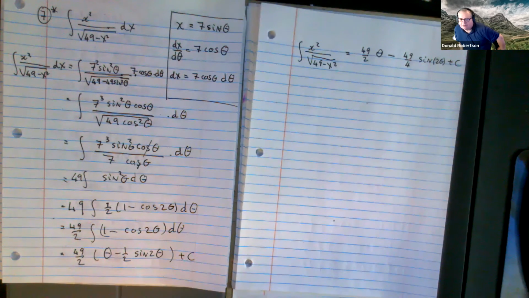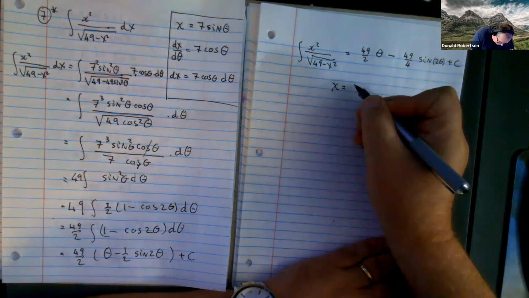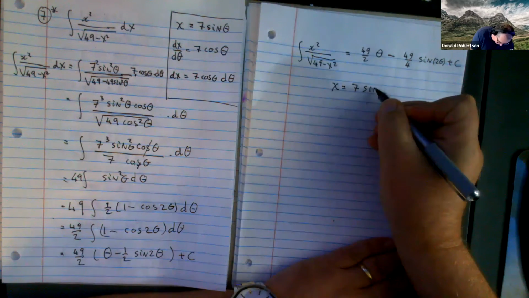And now we have to figure out what to do next. Well, what to do next is we need to get the answer back into x's. And the way that we do that is that we return to the x sub that we used.